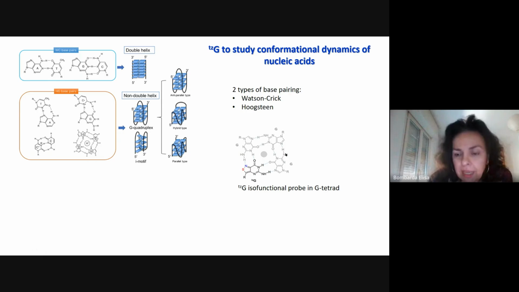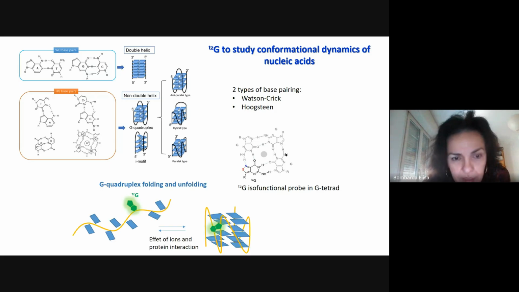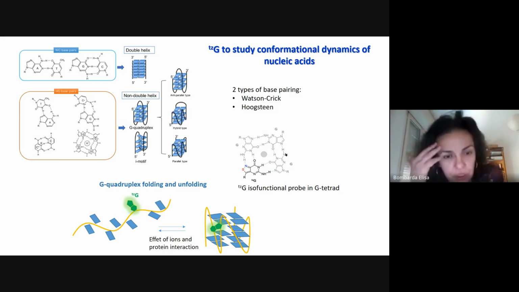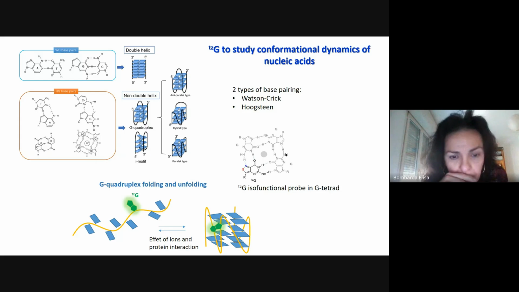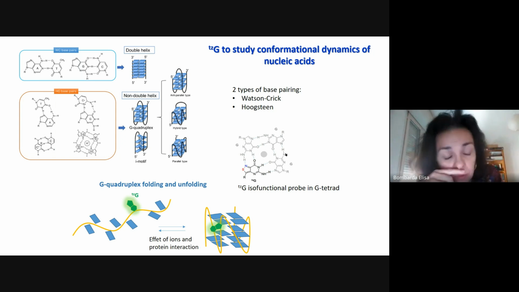So that is a perspective work, if we want to study the folding of such quadruplex, which is affected, or let's say promoted, by ions like sodium and potassium.